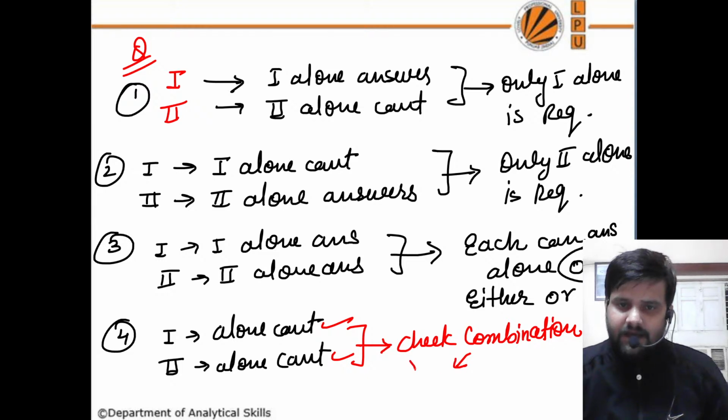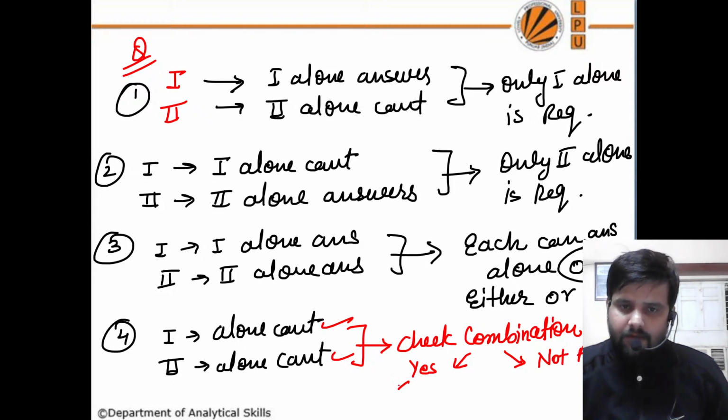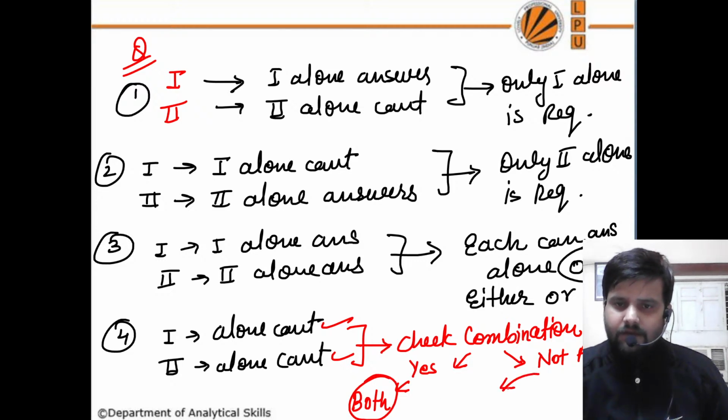If the combination answers, the option you will mark is both. If the combination could not answer, the option you will mark is both are not sufficient.